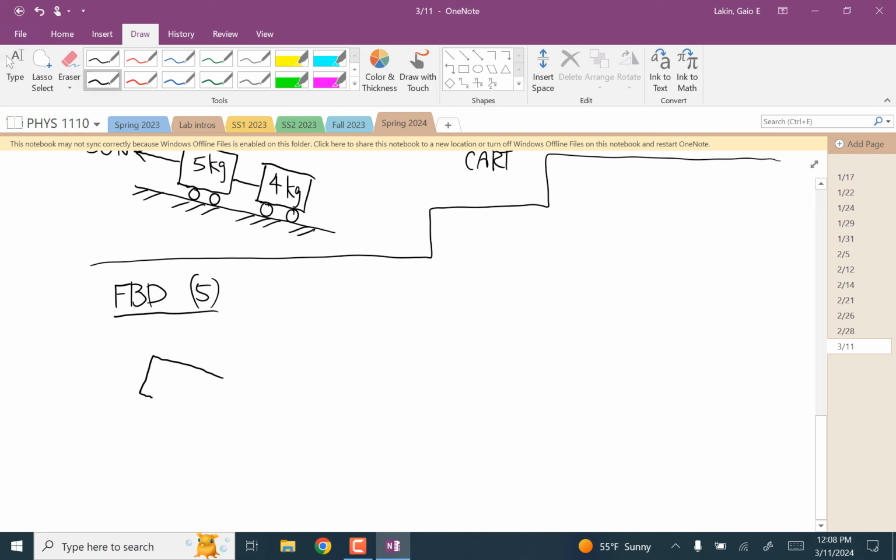So I'm going to draw it at the angle that it's at. The weight force goes straight down, and that's equal to 5 kilograms times 9.81 meters per second squared. So 5 times 9.81 is 49.05.